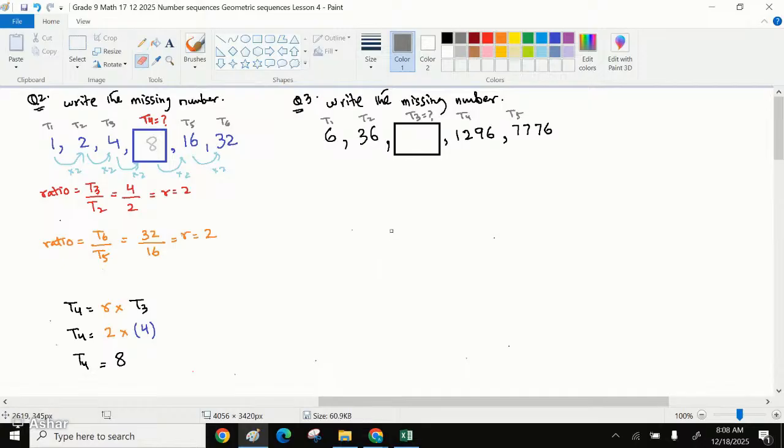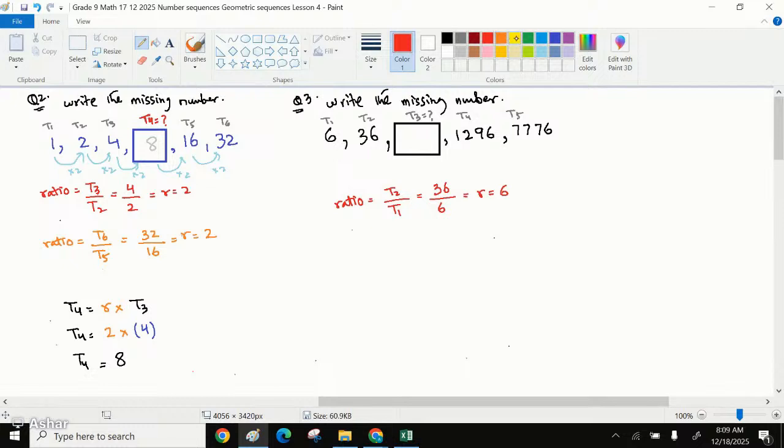So in a geometric sequence we need to find the pattern, right? In order to find the pattern, we need to find the ratio, because in a geometric sequence each value is a particular ratio of its previous value. So let's see if we can find the ratio. If we do term 2 divided by term 1, that means 36 divided by 6, the ratio comes out to be 6.